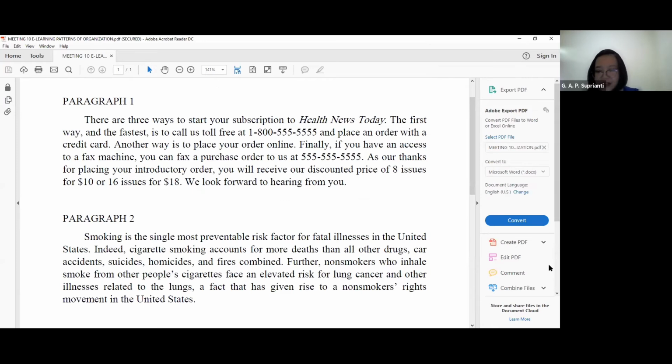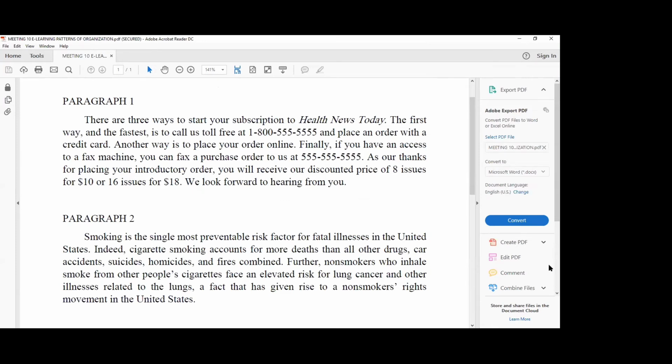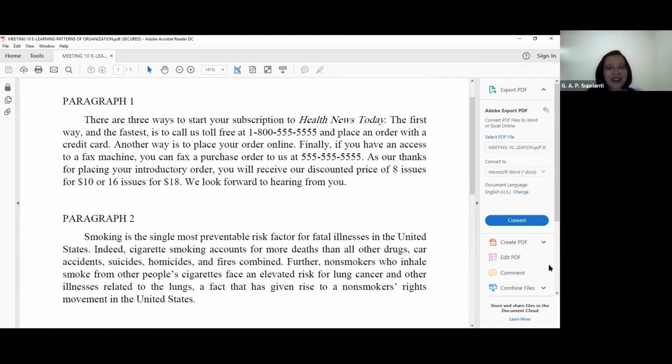Okay. Stephen, can you hear me, Stephen? Yes, Miss. Recall your memory about this exercise, and I need you to say whether paragraph one uses what pattern. Paragraf 1 pakai pattern apa ya?